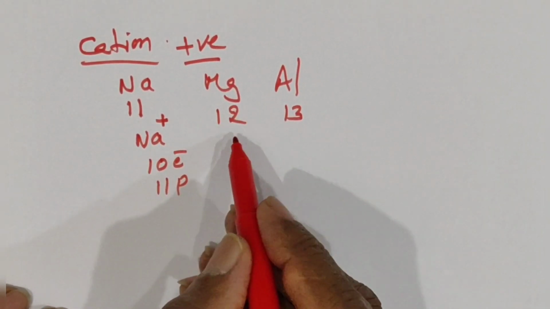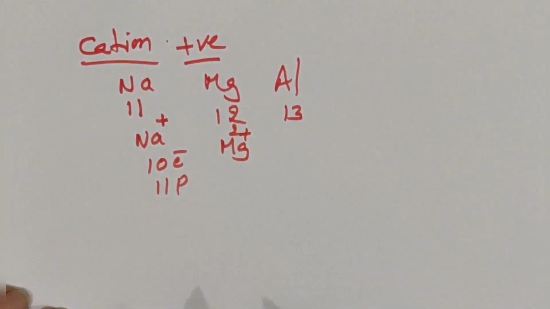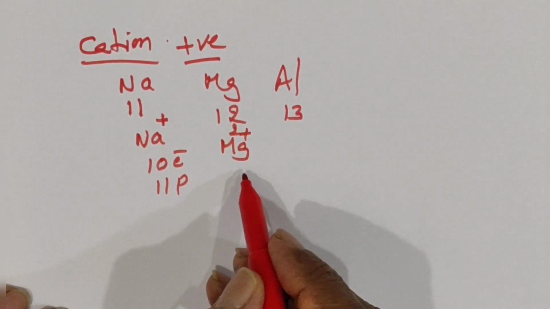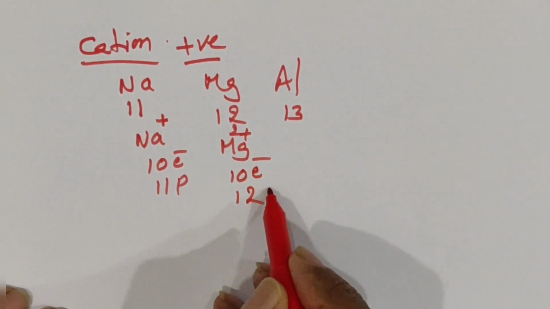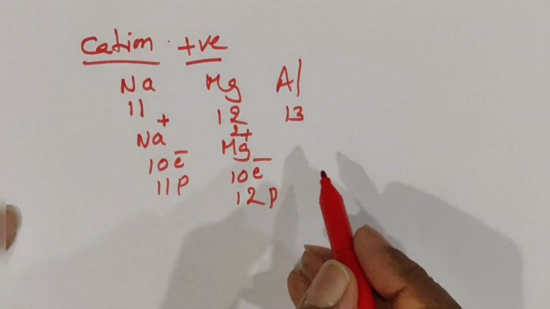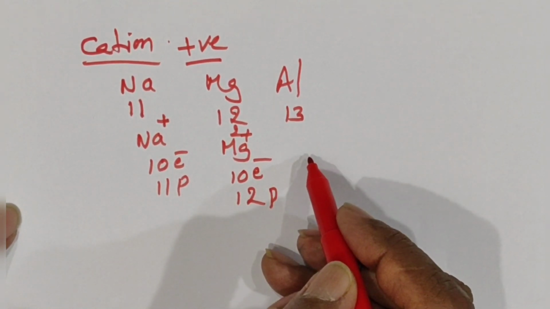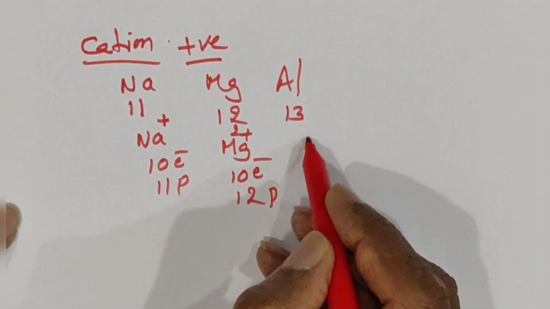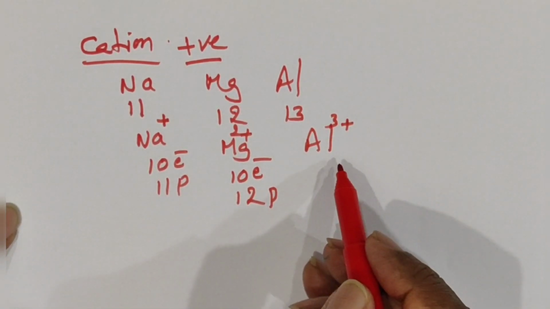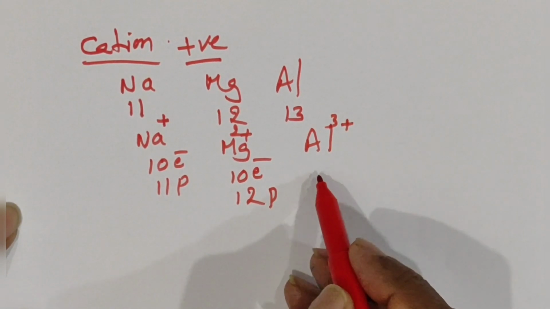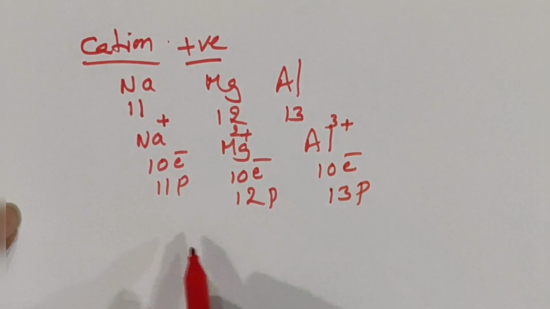Magnesium is in the 2+ state. It loses 2 electrons, so it has only 10 electrons and 12 protons. In the case of aluminium, atomic number 13, it has 13 electrons and 13 protons. In the 3+ oxidation state, it loses 3 electrons, so it has only 10 electrons and 13 protons.